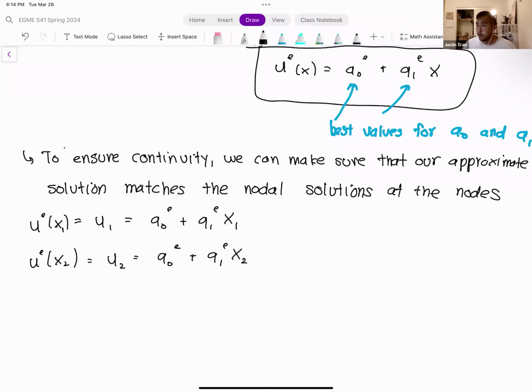Okay, so now we have two equations that we can solve for A0 and A1. This is a pretty straightforward process. What I would do is subtract these two equations to eliminate A0, and then solve for A1 from there.